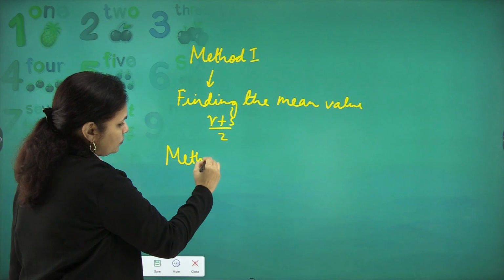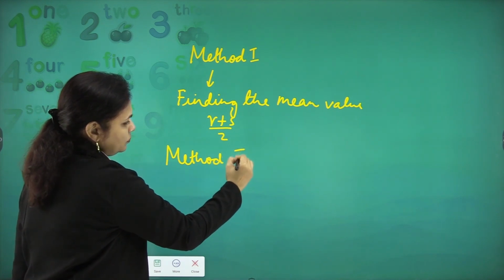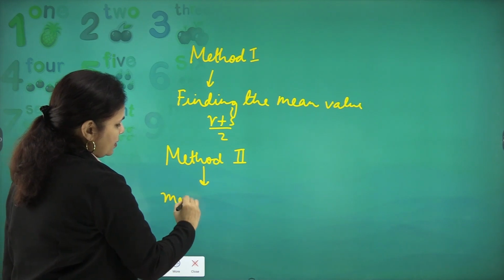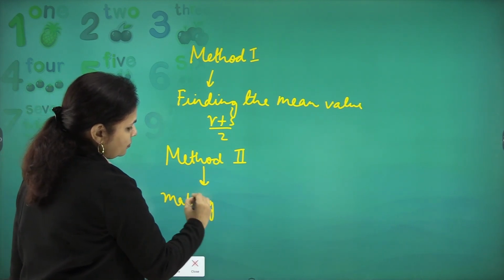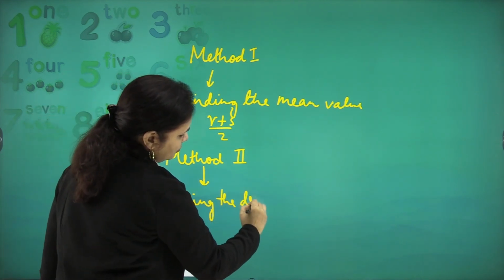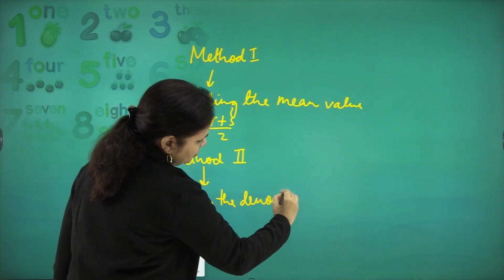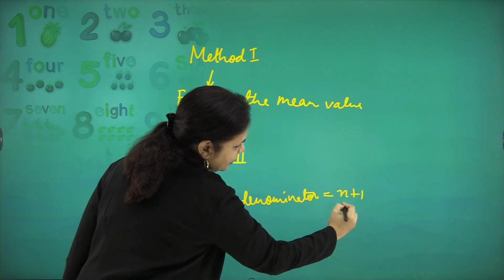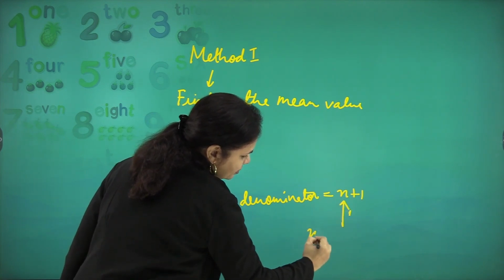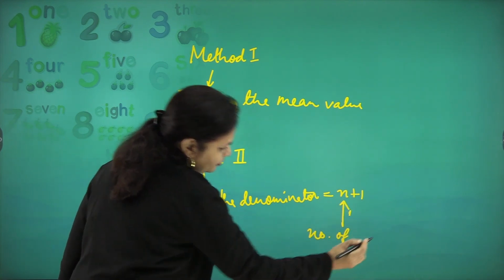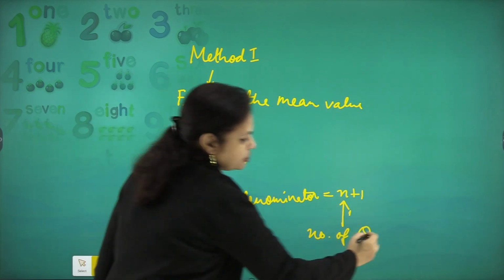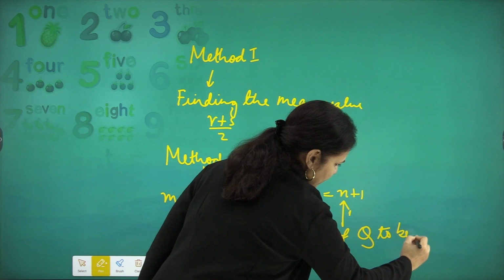Method 2 was making the denominator equal to n plus 1, where n is the number of rational numbers to be inserted.